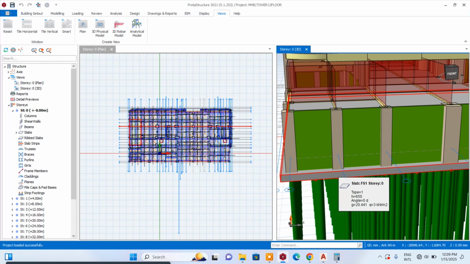So sometimes you'll be faced with such a challenge, and you'll be thinking on what to do, on the type of foundation to use. As a structural engineer, you have to explore many ways of solving your problems. You may have a structure that requires you to just use raft.